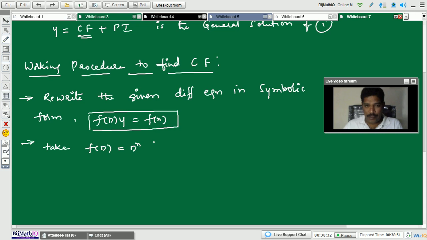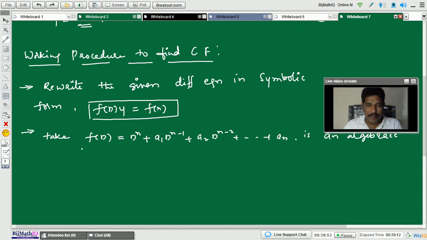F of D equals D power n plus a1 into D power n minus 1 plus a2 into D power n minus 2 plus so on, plus an. This is an algebraic expression in D, of degree n, the highest degree is n.